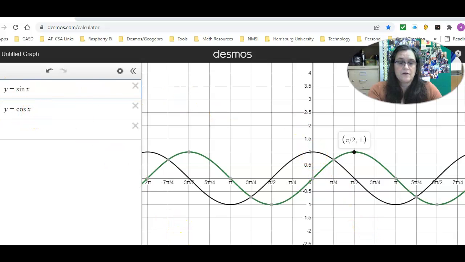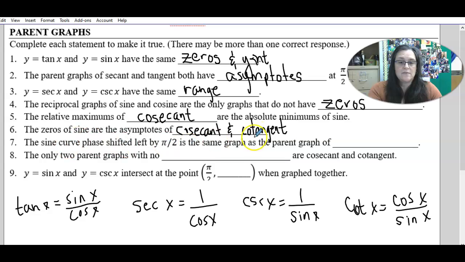So the answer to number 7 is cosine. Right, those are co-functions, so they're pi over 2 units apart.